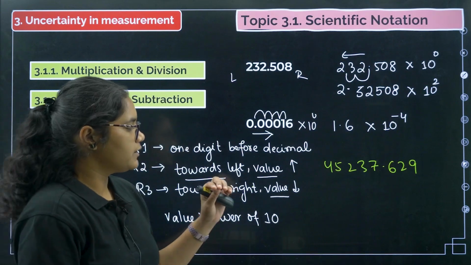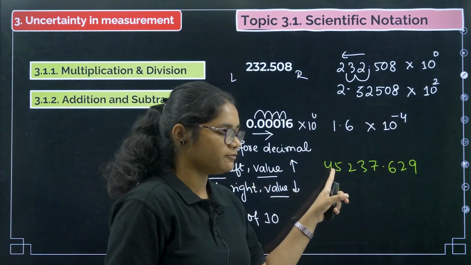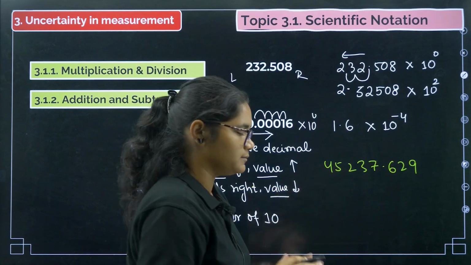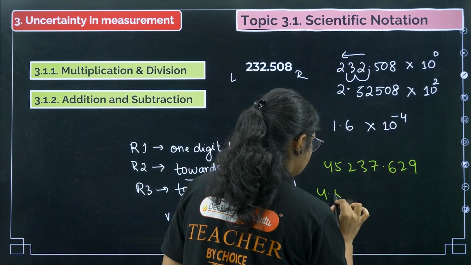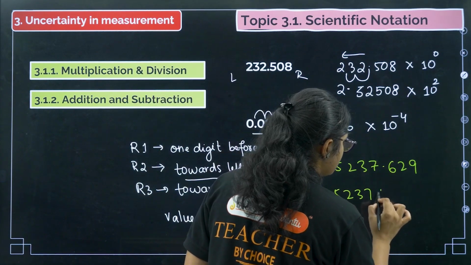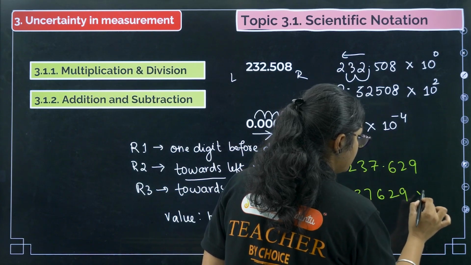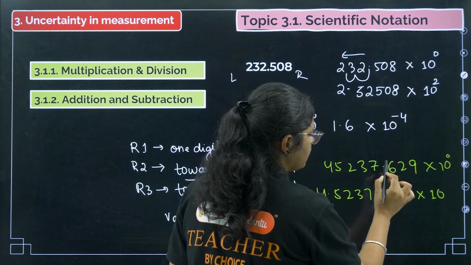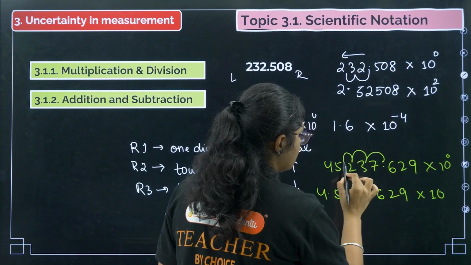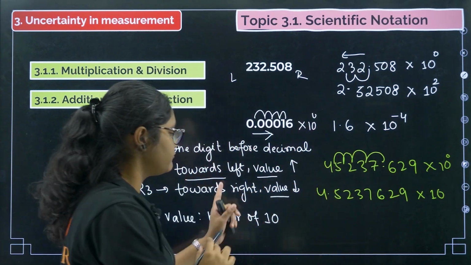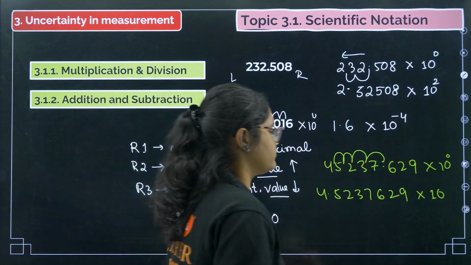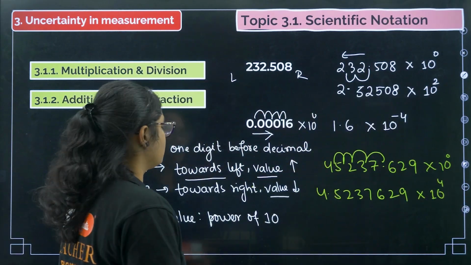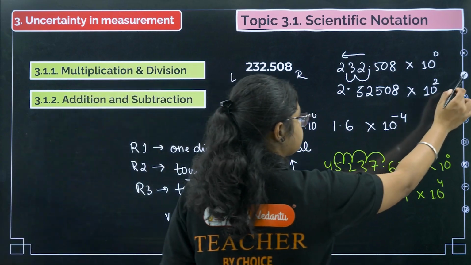Here you need to put the decimal after 4, so that there is only one digit before the decimal: 4.5237629, into 10 to the power of, currently 0, and we move 1, 2, 3 and 4 places. I am moving towards the left, so the value will increase, so it will be 10 to the power of 4. Getting it?